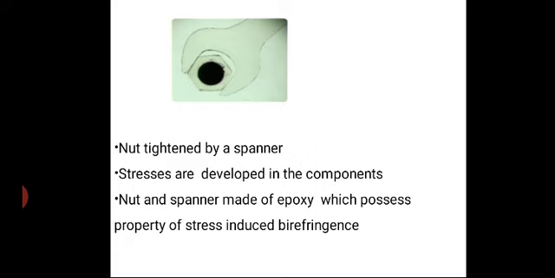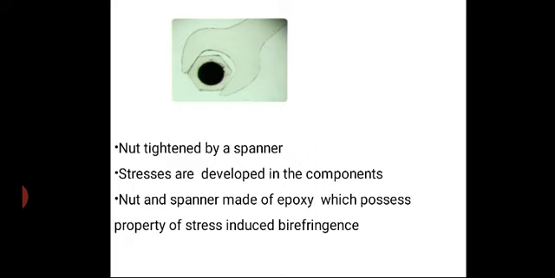Now let us consider one small example where a nut is tightened by a spanner. Here the stress is because of the tightening. One end is tightening and at the other, free end, we are applying the load. Because of the application of load, stresses are developed in both the nut as well as the spanner.